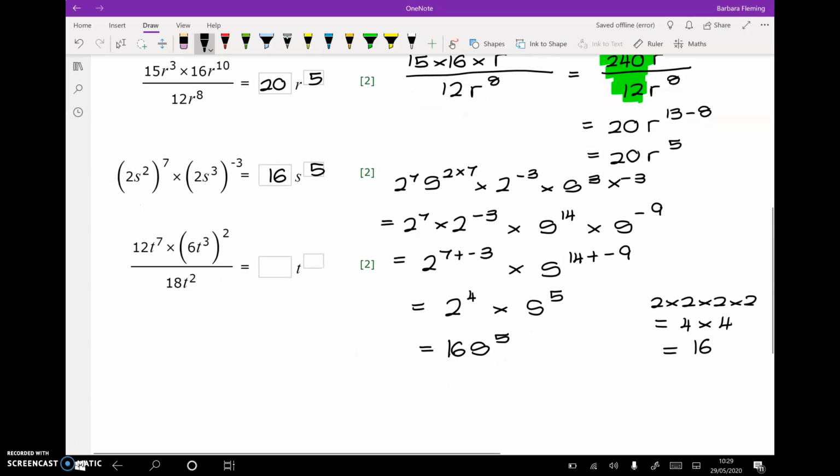And then very last one, we've got a fraction or a division again here. So let's deal with our bracket first, thinking about your BODMAS, rule that looks at all of our maths. 12t to the power of 7 times by, and we have 6 squared, times by t to the power of 3 times by 2, all over 18t squared.